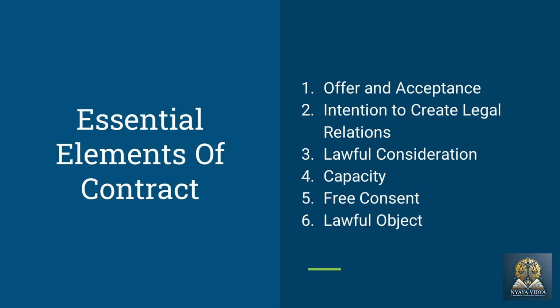The second one is intention to create a legal relationship. Whenever there is an offer and acceptance, it is a proposal by one party to enter into an agreement with another, intending to create a legal obligation upon acceptance. So this is for legal relations.